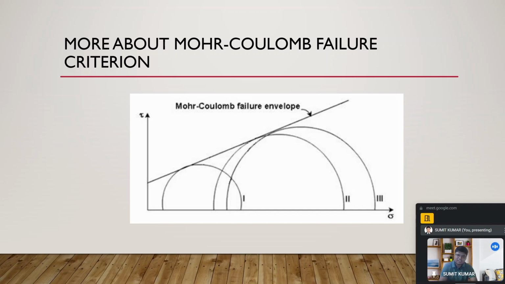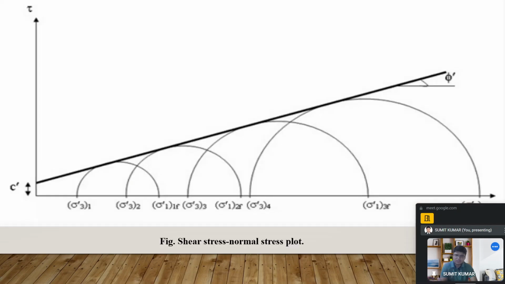Subsequently we form the circles, and after drawing a common tangent to those circles, a straight line gets formed, and that is the Mohr-Coulomb failure envelope. Below it, up to that stress, the soil is safe and doesn't fail in shear, while if the stress increases beyond that point, the soil fails at those sections. I think the point will be clear.